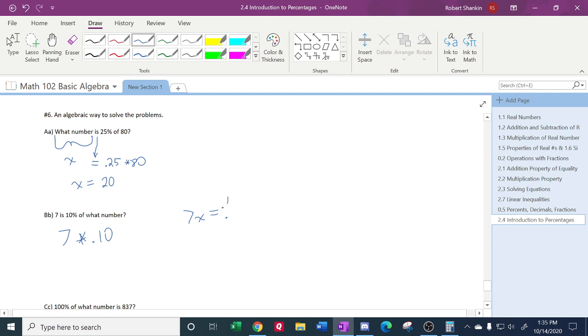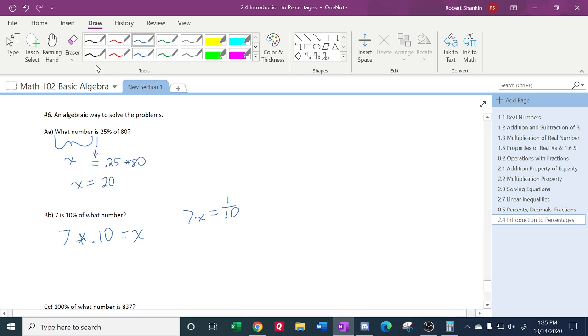Okay, 1/10. Okay. All right. 7 times 0.10 is equal to x is really close, but it isn't exactly it.